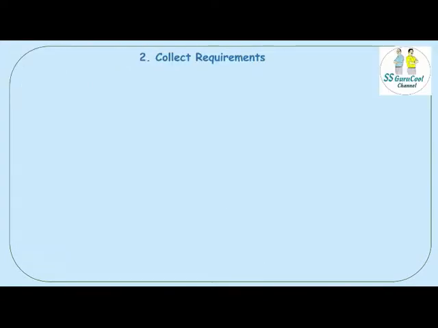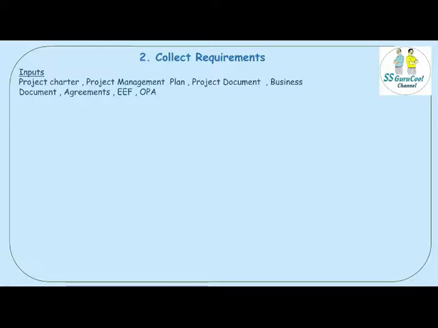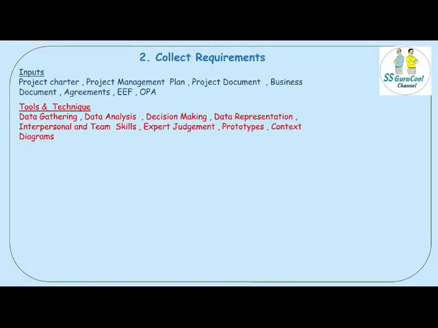The second process which we are going to look at is Collect Requirements. The inputs are project charter, project management plan, project documents, business documents, agreements, enterprise environmental factors and organizational process assets.